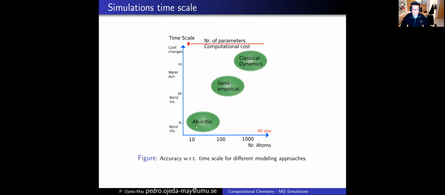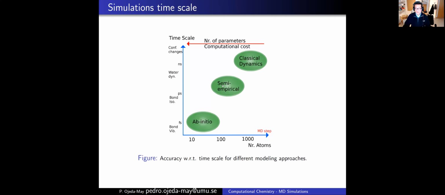But the difference is that these simulations are very accurate, and they can model systems that cannot be achieved with classical molecular dynamics. In the middle, we have different combinations, mixtures, or hybrids of these two.